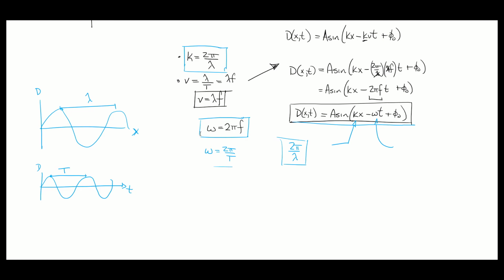Basically, I like to think of the wave number as converting a position, this x value, into radians so that it matches the periodicity that we're trying to describe, and we can now plug it into the argument of a sine, and it makes sense because this would have to be unitless, or in terms of radians, whereas the angular frequency converts this time into radians in a way that matches the periodicity in time.